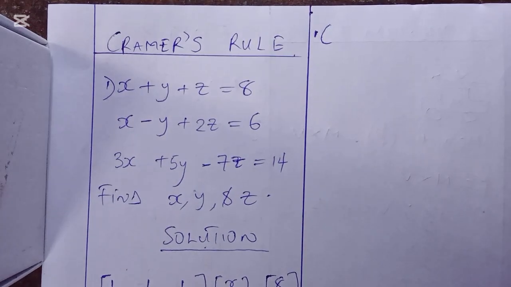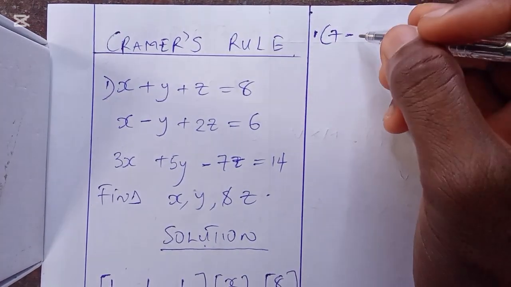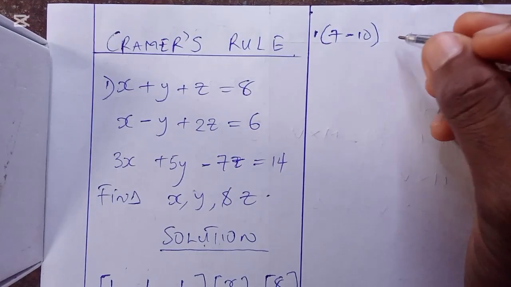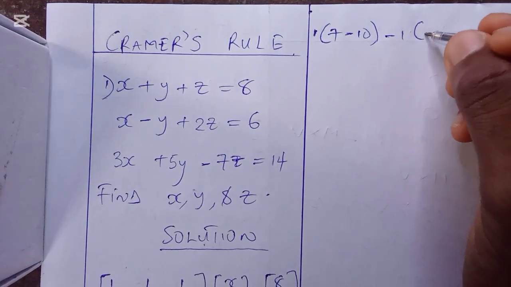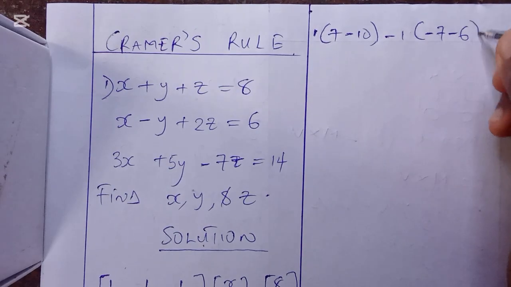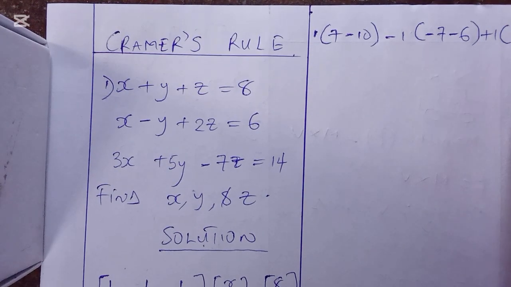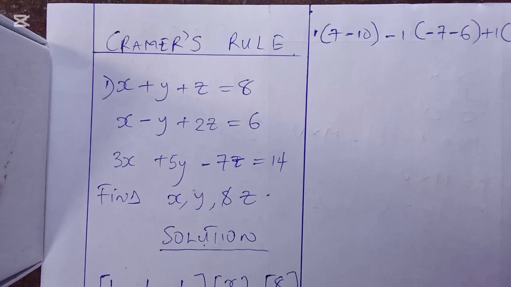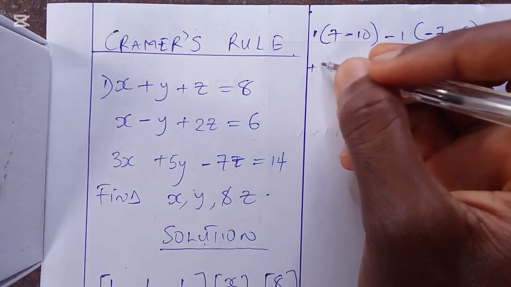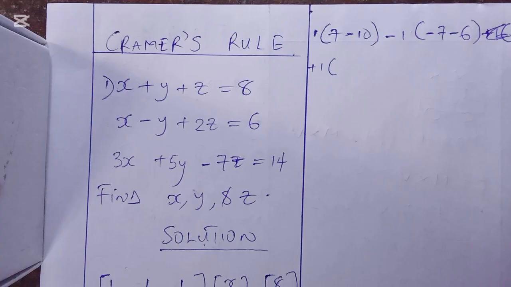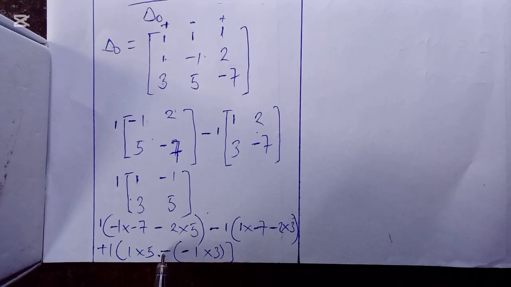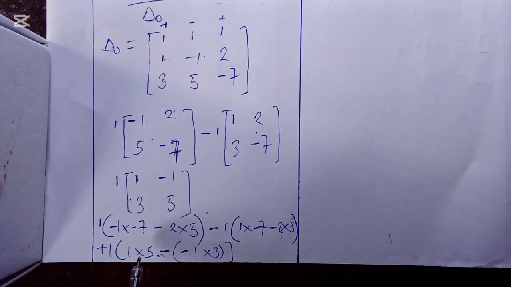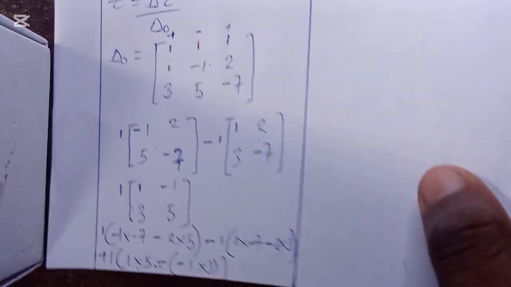If you simplify it further, we have 1 bracket, minus 1 times 7 is 7, minus 2 times 5 is 10. Okay, we have minus 1 bracket, 1 times minus 7 is minus 7, minus 6, and finally plus 1, open bracket 1 times 5 is 5, then there's a minus sign here already, so minus 1 times 3 is minus 3, so 5 minus minus 3 is 5 plus 3, which is 8.